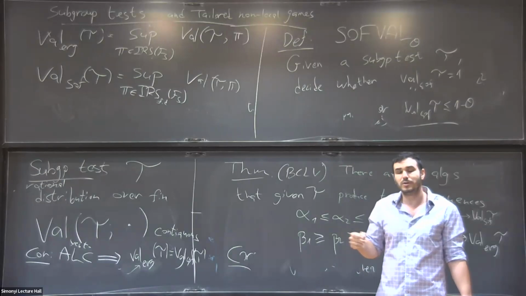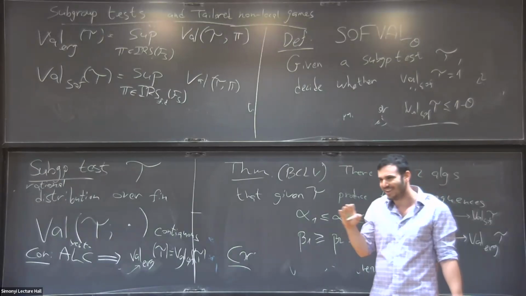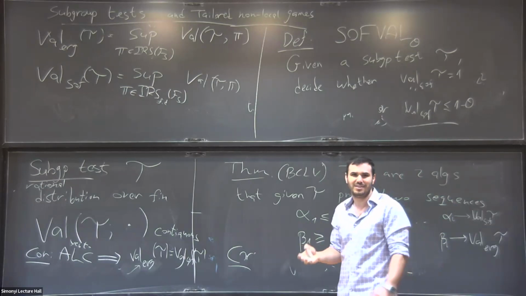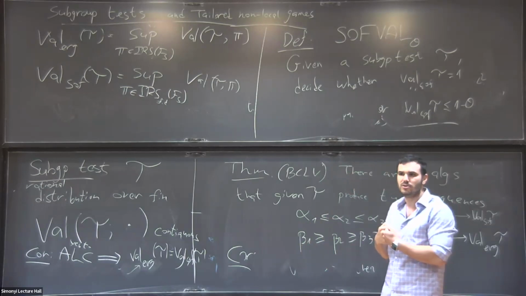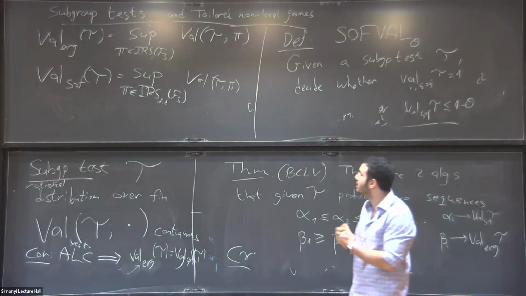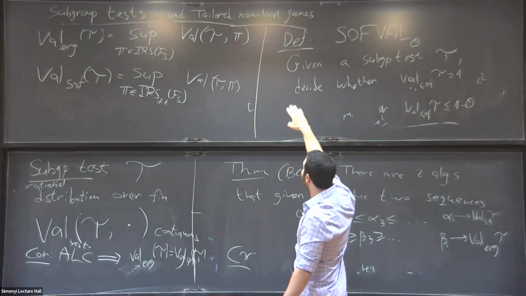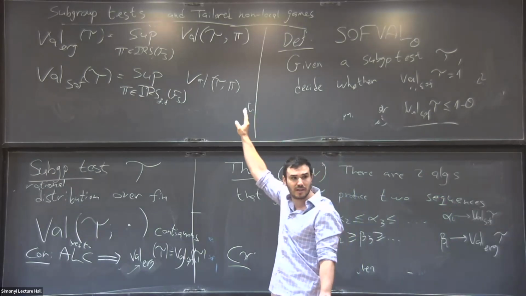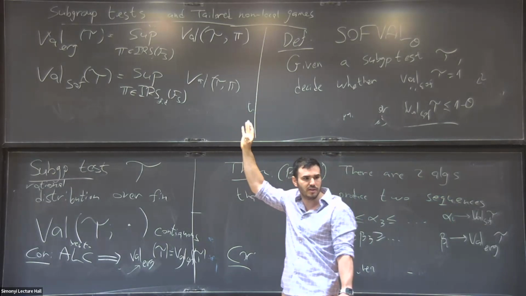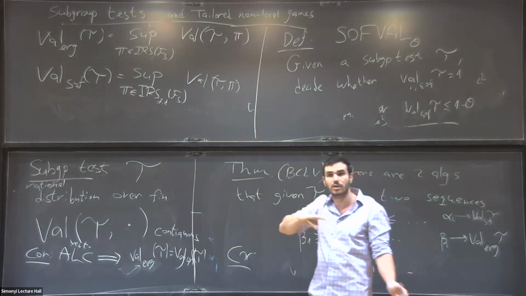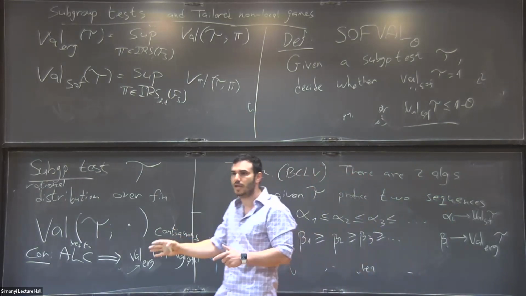And you will see that we overcame it in a particular manner that brought us back to the MIP star realm. You will see the headline is subgroup test and a specific subclass of non-local games. And that was the epiphany, that we can somehow translate this model to a specific subclass of the MIP star model.